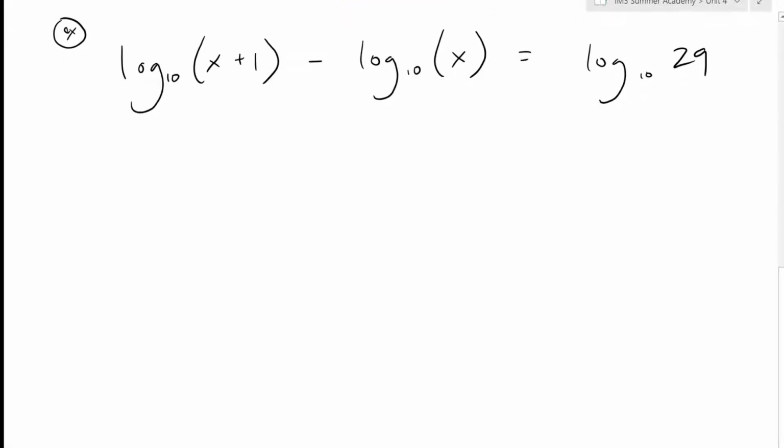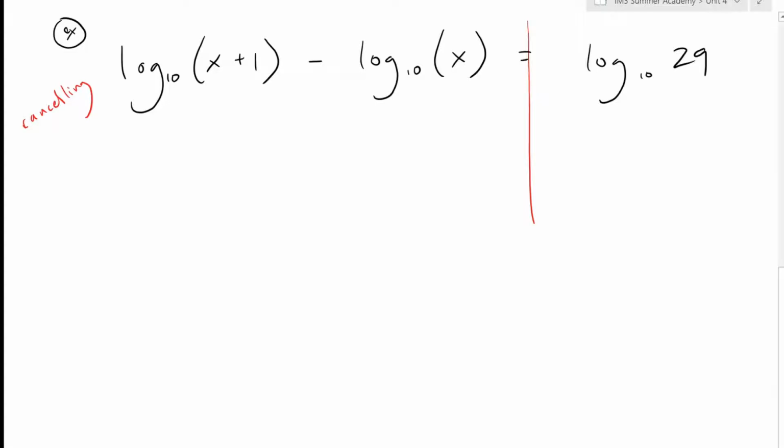We've got two terms on the left, the log x plus 1 and the log x, and one term on the right, which is the log 29. Okay, so every term has a log, so we're going to be using canceling, just like we had on the first one. The problem is, I need one log on the left and one log on the right.